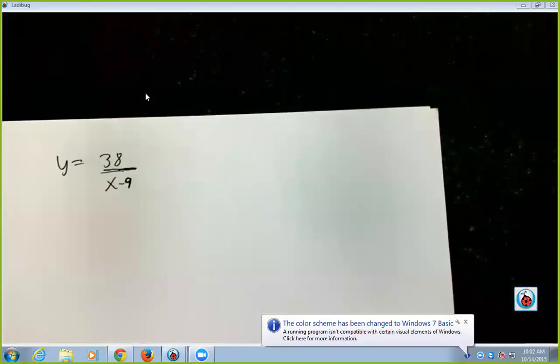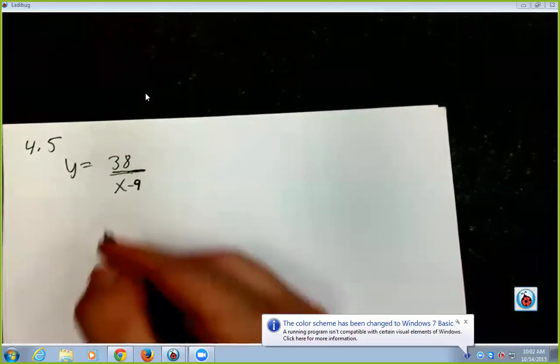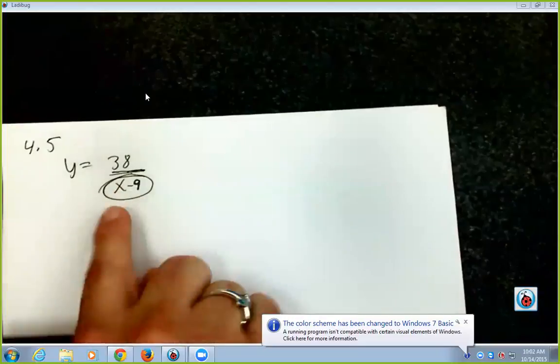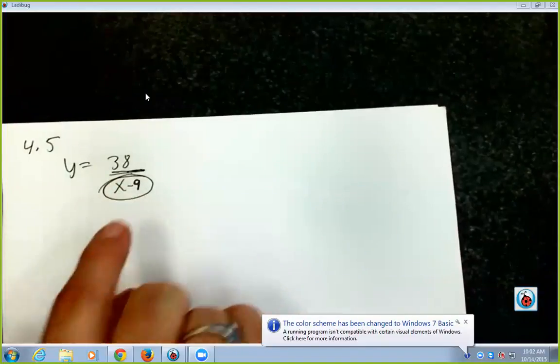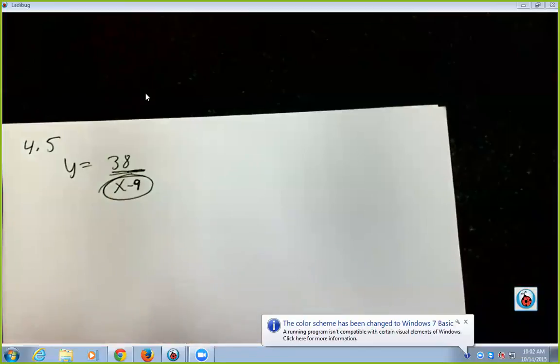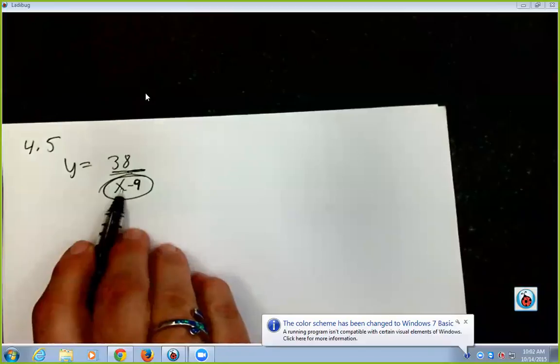Yeah. So let me clarify. This is in 4.5, where this shows up. This bottom part, this denominator, if you remember when we talked about fractions before, the denominator can never, ever, ever equal 0. Because as soon as this equals 0, what happens? It becomes undefined.